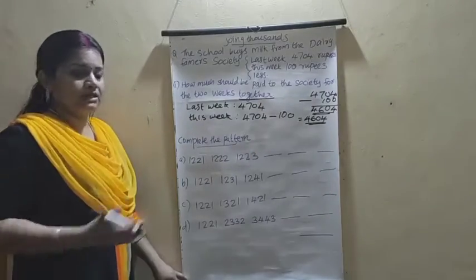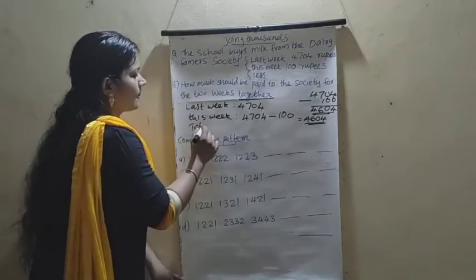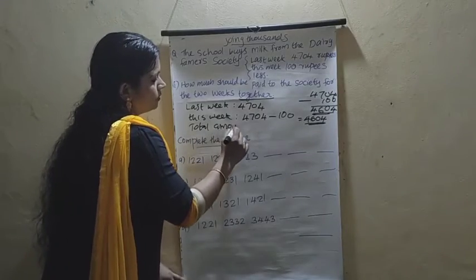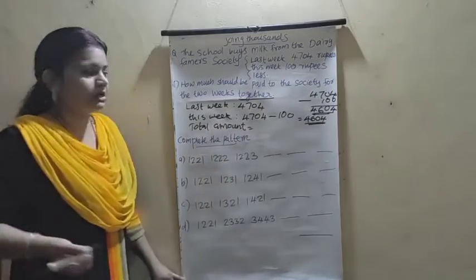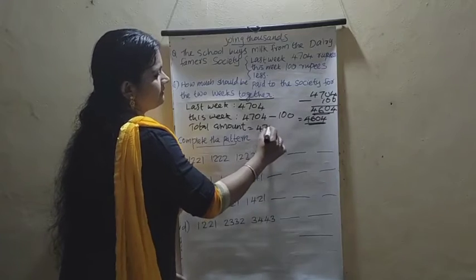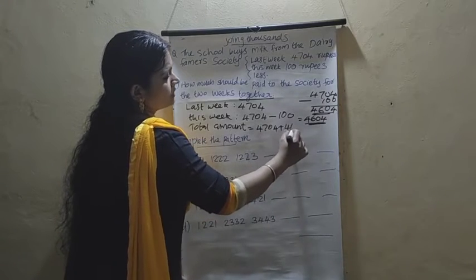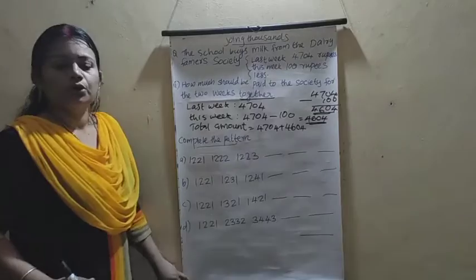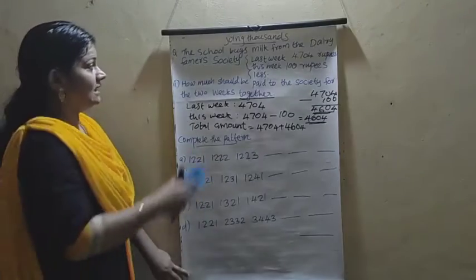How to find the together? The total amount. How to find the total amount? 4,704 plus 4,604. You do the addition.